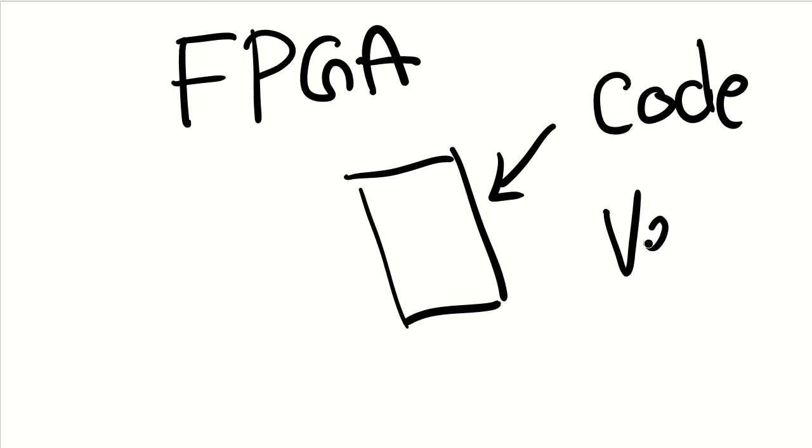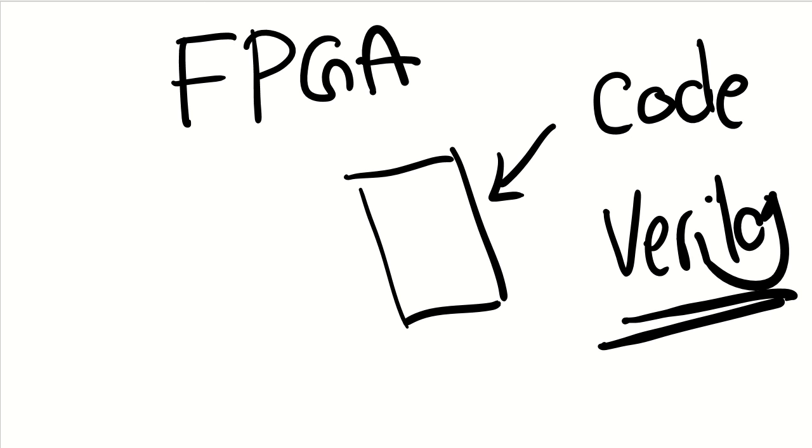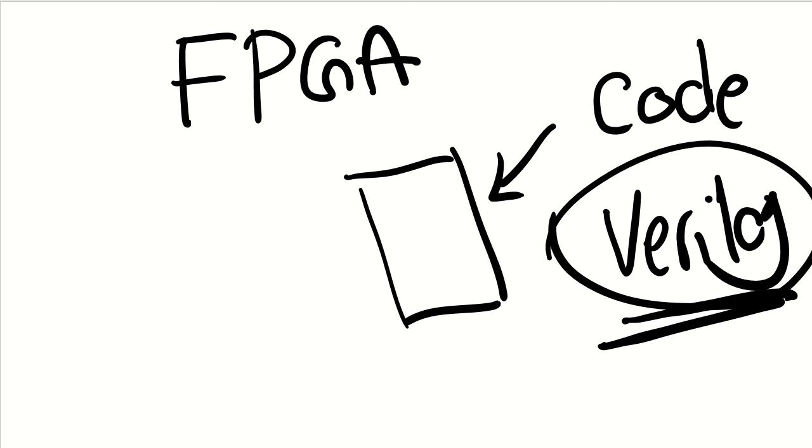And the code we are going to learn today is Verilog, or Introduction to Verilog. And based on that, you'll have an output. And it's all because the cells that are inside and the interconnects are programmable, and you can control them.